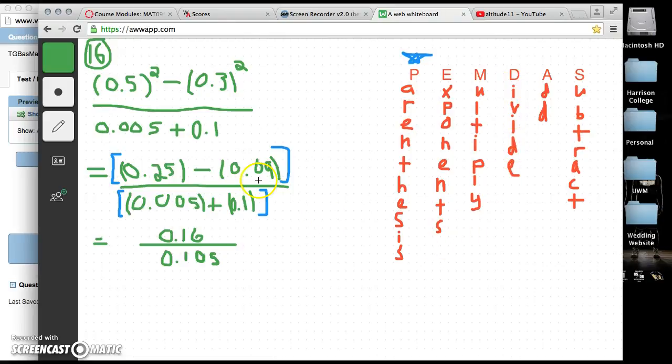But as I made that note earlier, in order to divide, you need to have a single number value over a single number value. So in other words, you need to simplify this numerator and denominator first, right? And we do that by showing them in parentheses to say, hey, this subtraction will result in a single number value. So we need to perform that subtraction first.